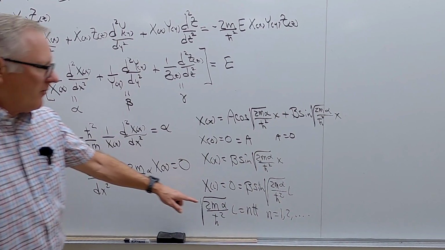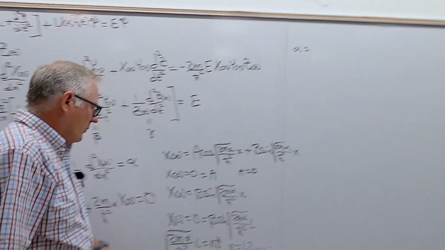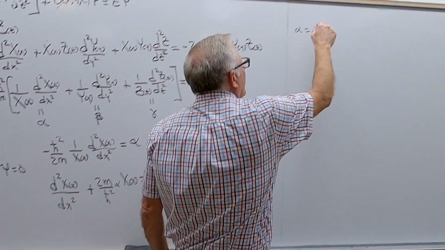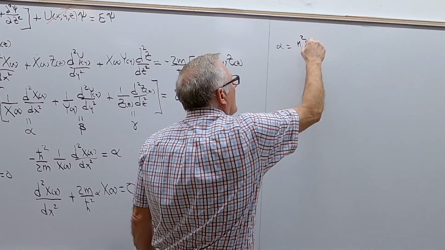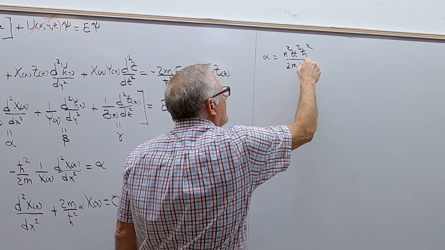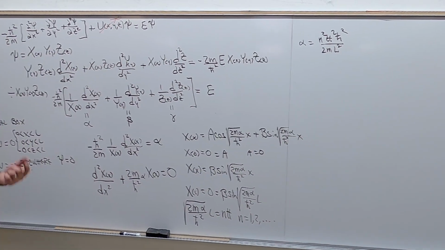Or my alpha is equal to n squared pi squared h bar squared all over 2mL squared. Exactly what we got for the energy eigenvalues before, but now it's just alpha.